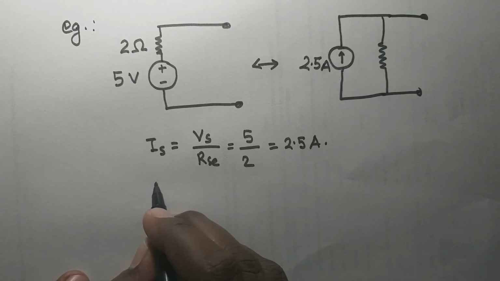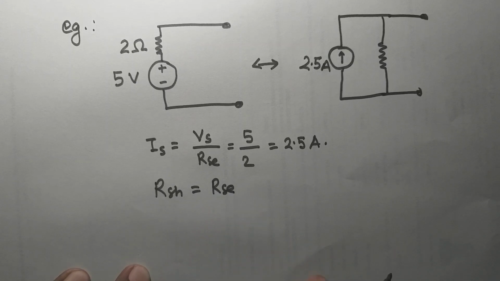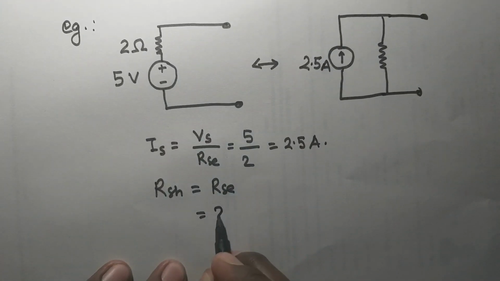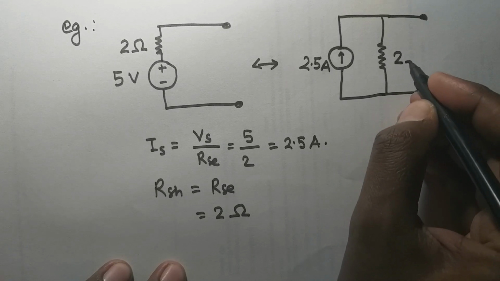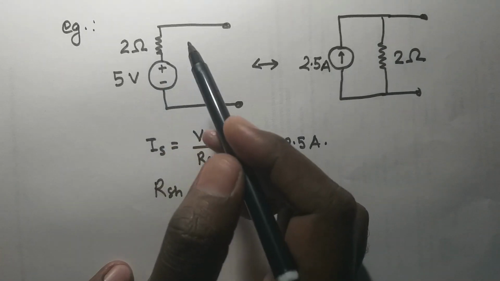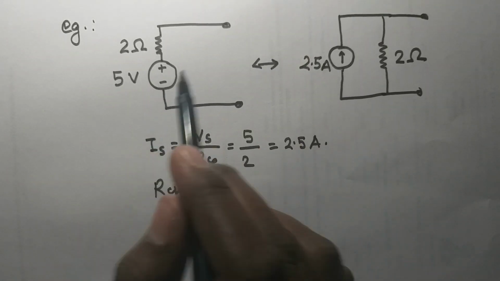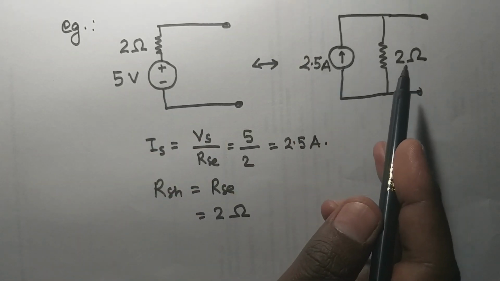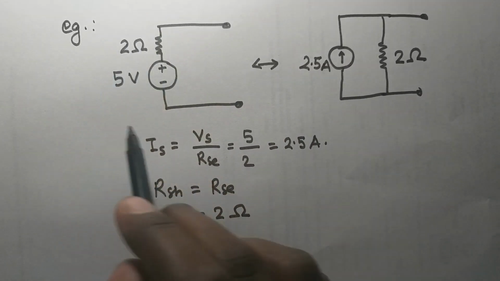And we also saw that Rsh will be equal to Rse. So Rse is given as 2 ohms, meaning Rsh will also be 2 ohms. So we can write here 2 ohms. So this is the equivalent current source of this given voltage source. So this is how, or in reverse order, we can also convert this current source into an equivalent voltage source. Then we will arrive at the original voltage source.